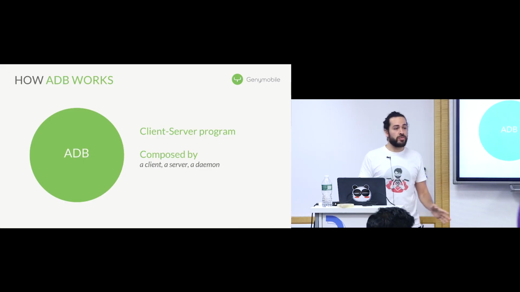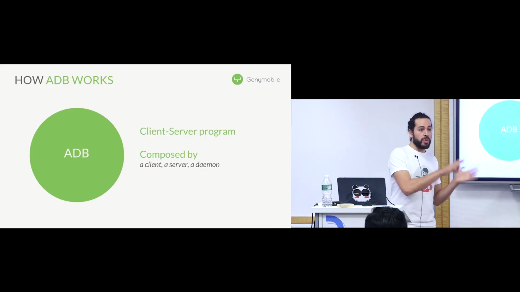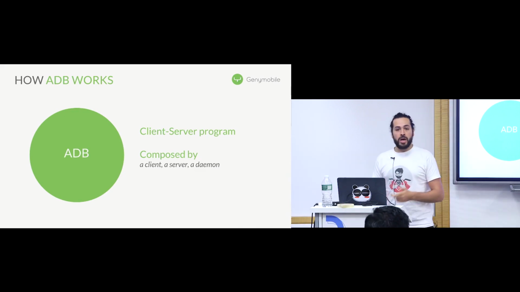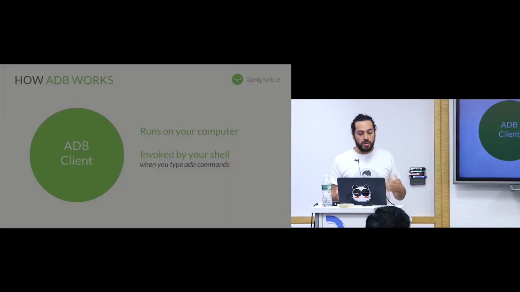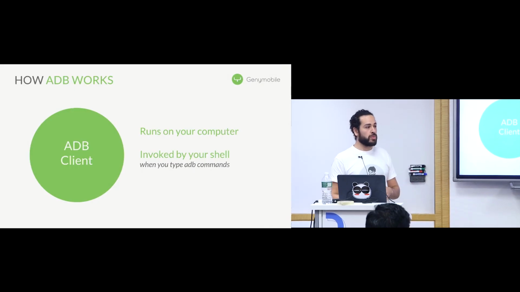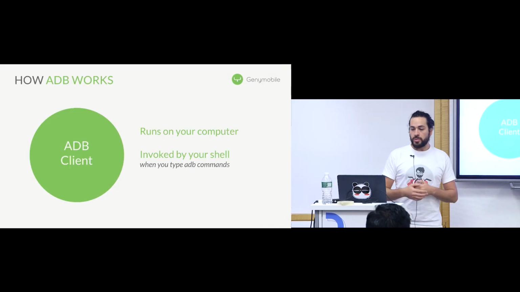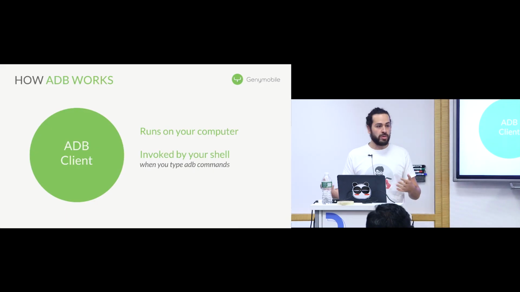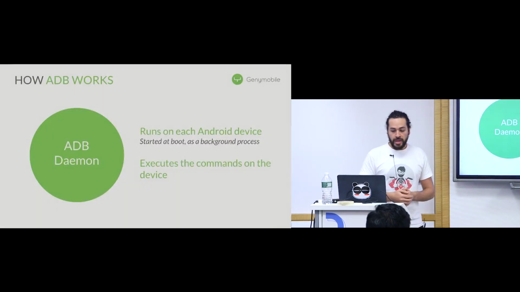ADB is a client-server program, and it's composed of 3 parts. You have a client, a server, and a daemon. Let's see what they are for real. The ADB client runs on your computer, and that's actually the binary that is executed when you type adb on your command line. Then you have the daemon.